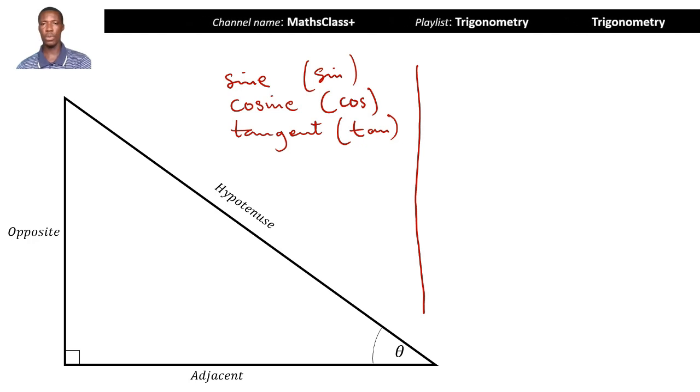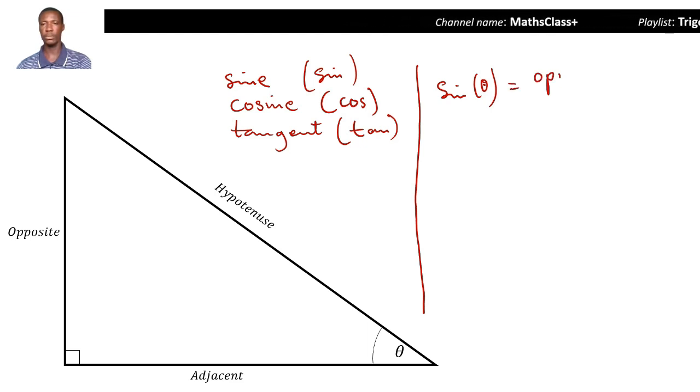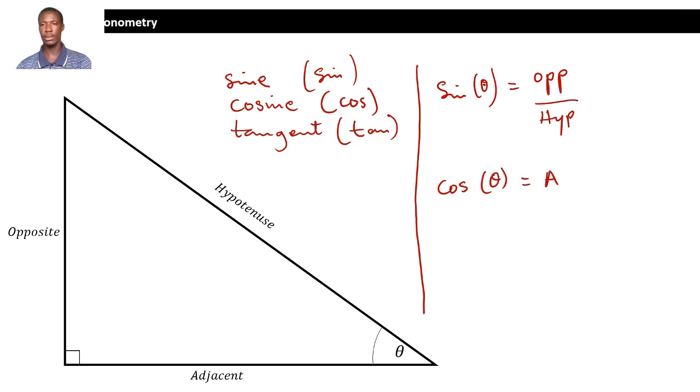Okay. So when we take sine of the angle, it is opposite over hypotenuse. Then when you take cosine of the angle, it is adjacent over hypotenuse.